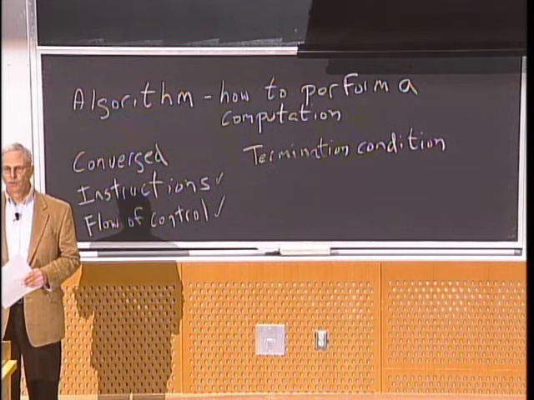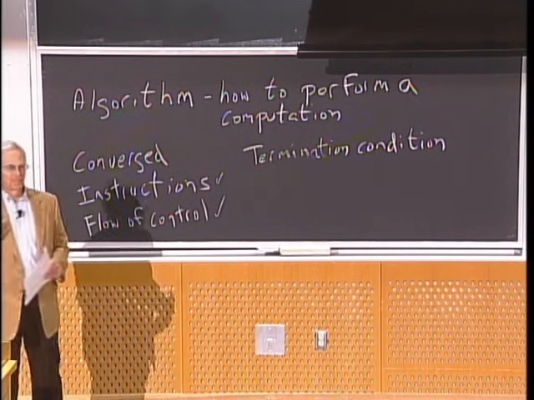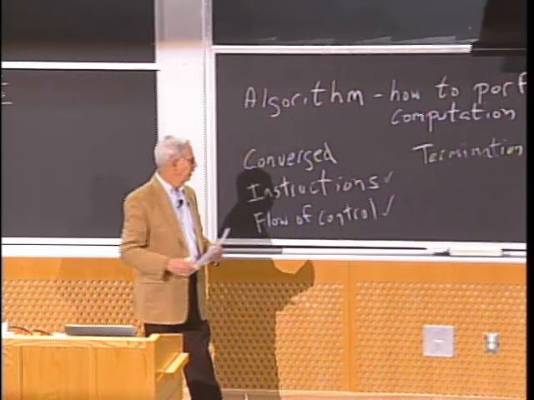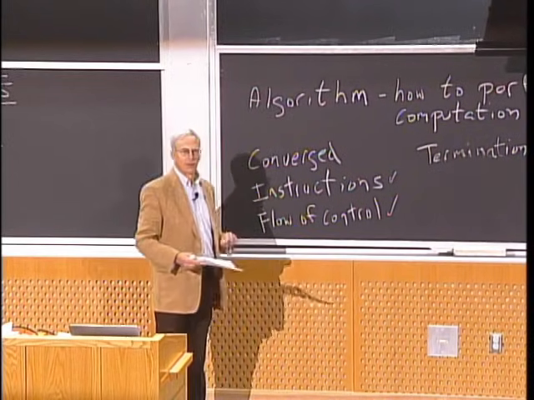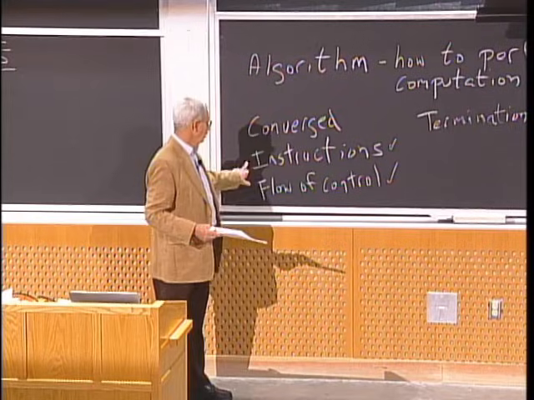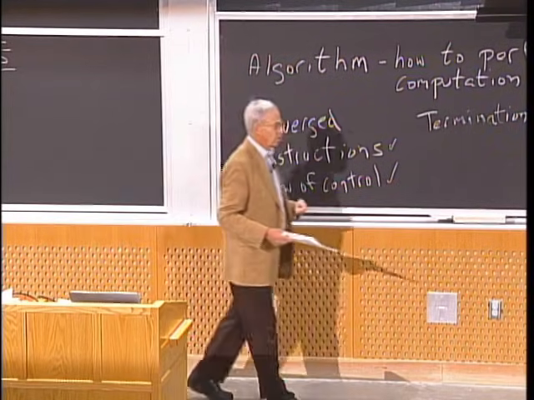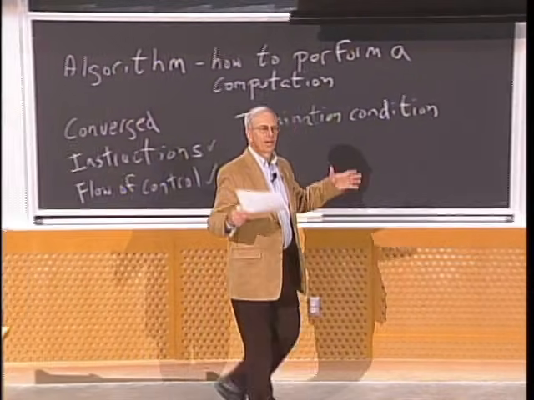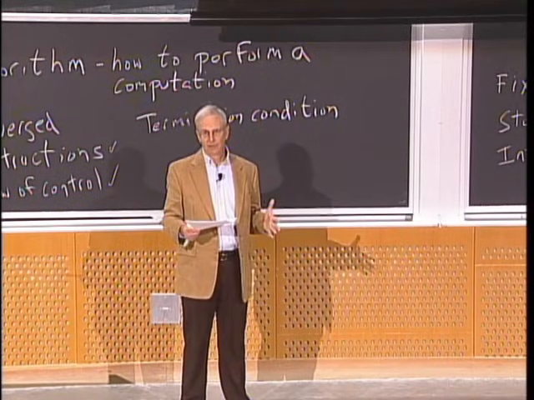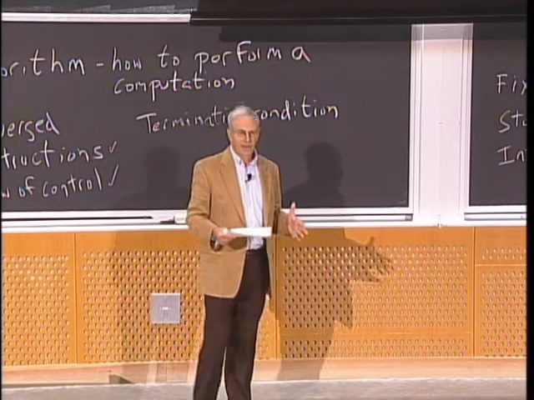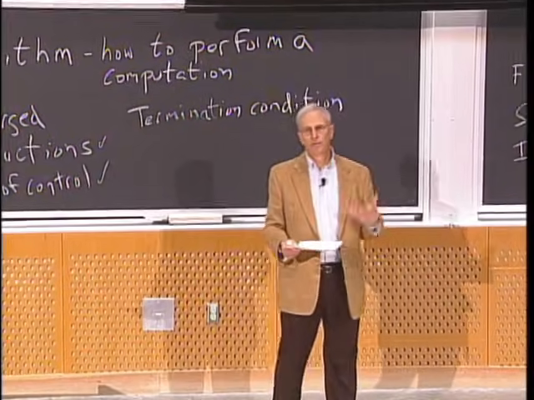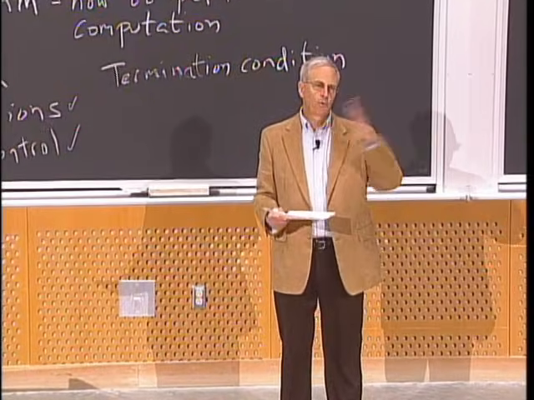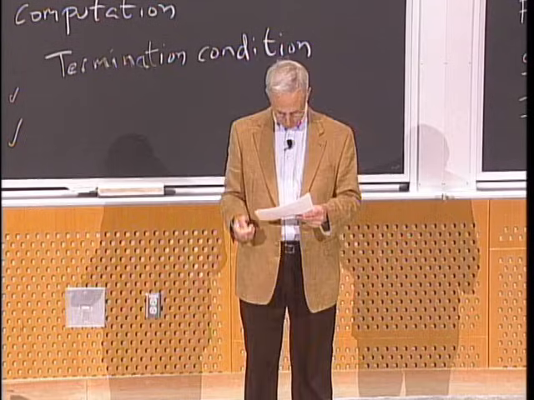And then you can do whatever you want with them. And what distinguishes one programming language from another is what these things are. What are your instructions? What is your flow of control? And how do you combine them? What are the combining mechanisms? And in fact, it's the combining mechanisms more than anything else that separate one language from another.